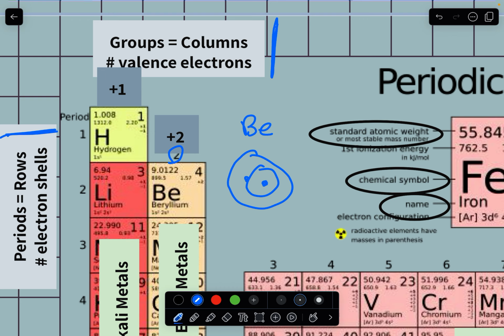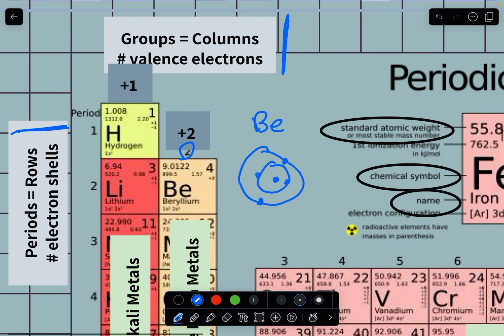You have 1, 2, 3, 4 electrons for beryllium. Okay, so valence electrons is the outermost. So on our outermost shell, we had 1, 2 electrons. So it's in column 2, it has 2 valence electrons.